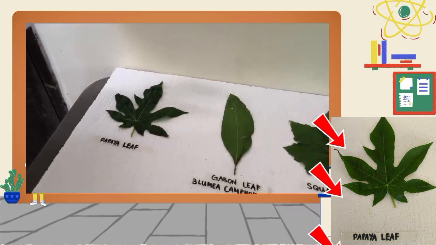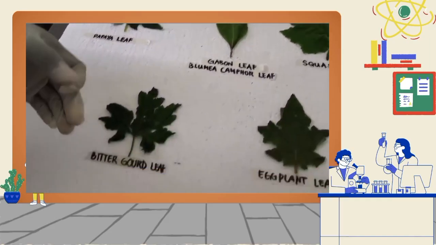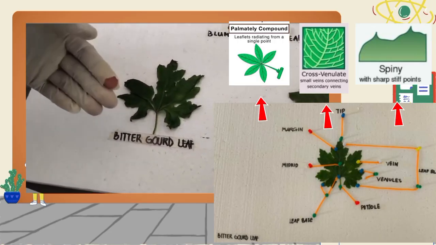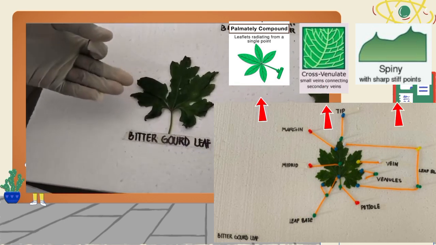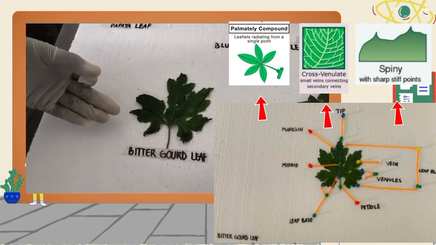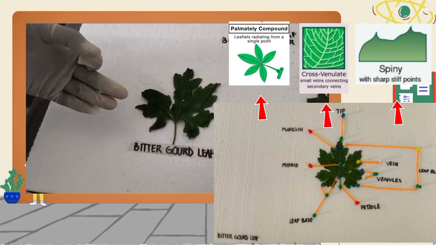The next specimen is the bitter gourd leaf. The bitter gourd leaf has a leaf type of palmate compound, a venation of cross-venulate, and a margin of spiny. It is light green, and has hairs in color and smoothness.